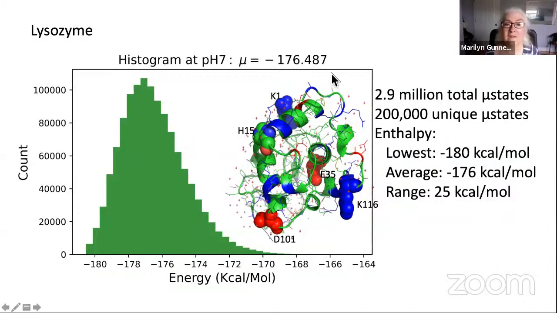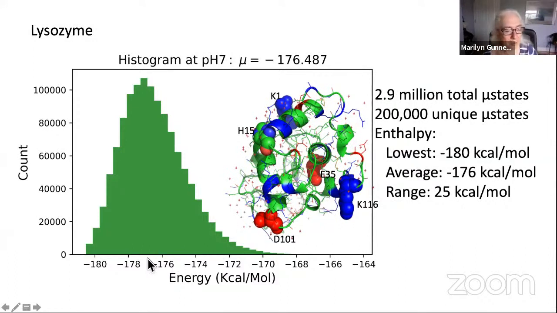Okay, so this is for lysozyme, and this had 3 million total microstates, about 200,000 unique ones. And when we get to bigger proteins, I think a larger percentage are unique. Because there's a fair amount of entropy in MCCE calculations.